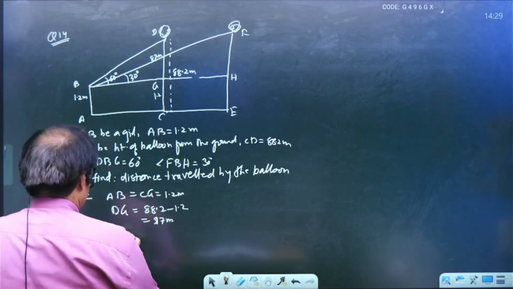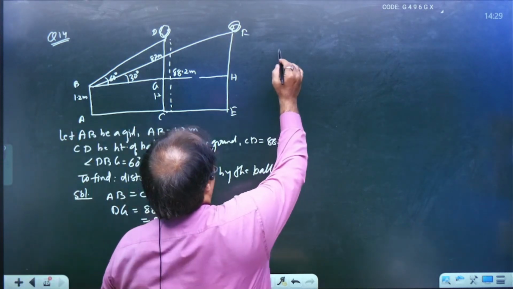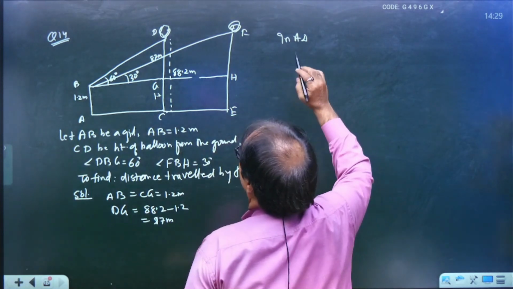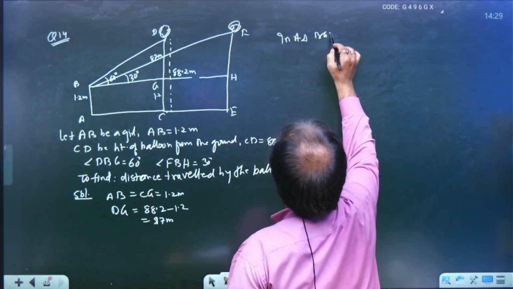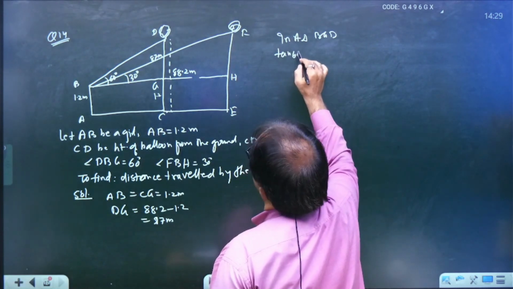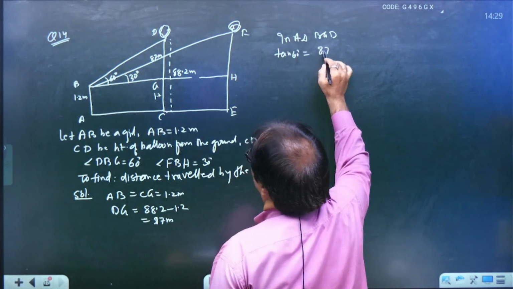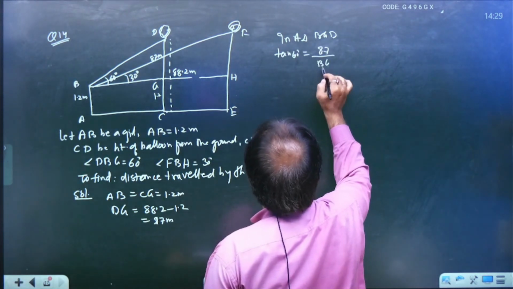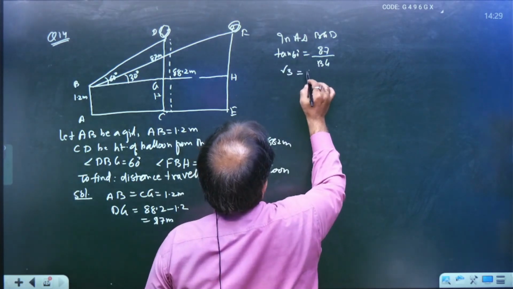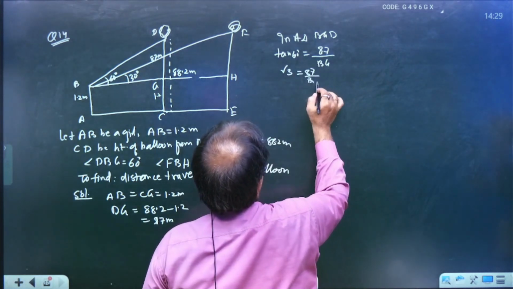Okay, so in right triangle BGD, tangent 60 degree is equal to 87 upon BG, and tan 60 is root 3, so root 3 equals 87 by BG.